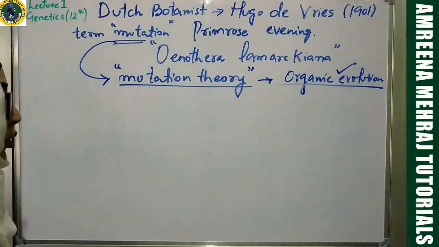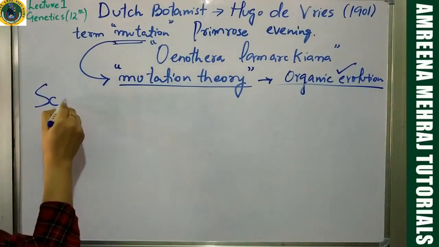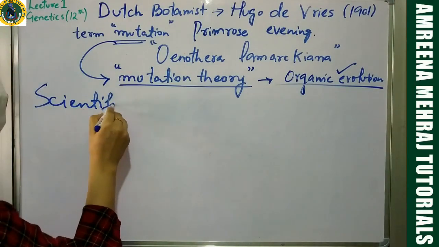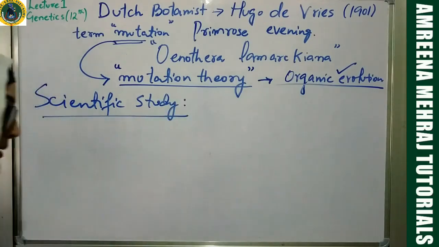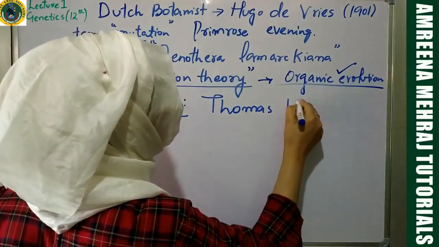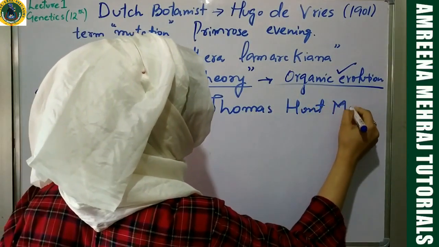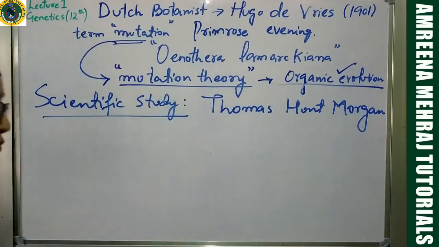Okay, then who was the scientist who gave us the scientific proof? The scientific study of mutations was done by Thomas Hunt Morgan. He is a prominent name in genetics, T.H. Morgan.